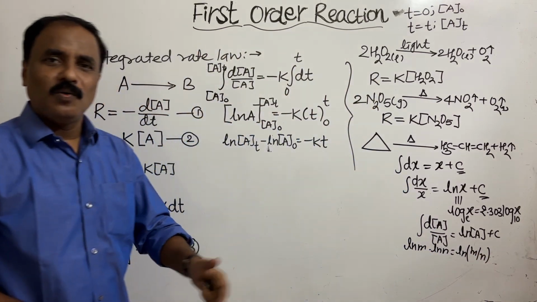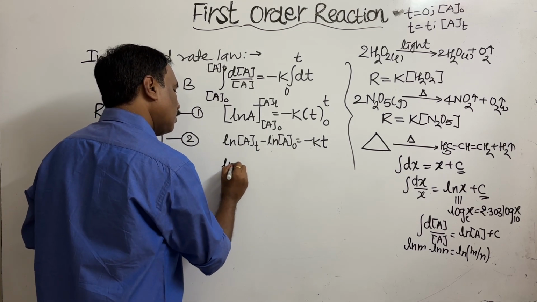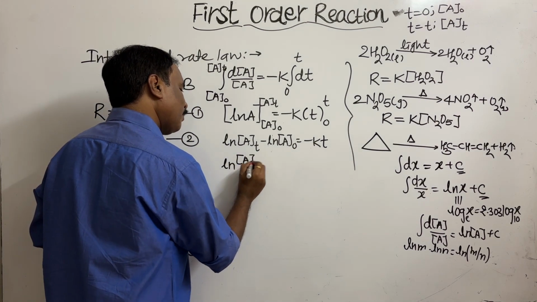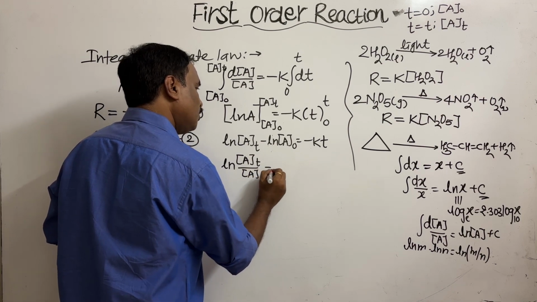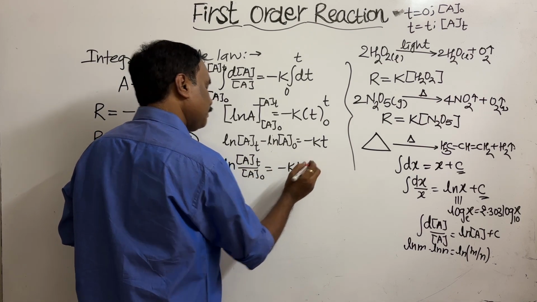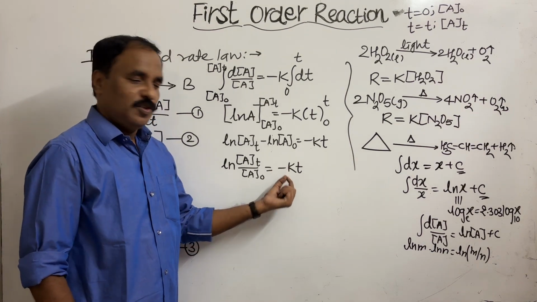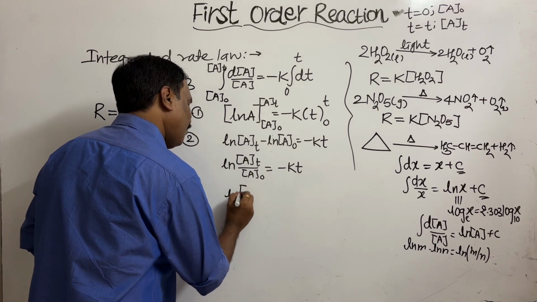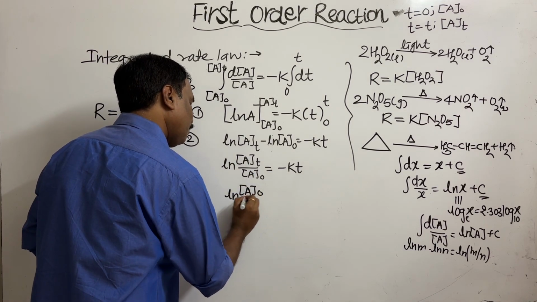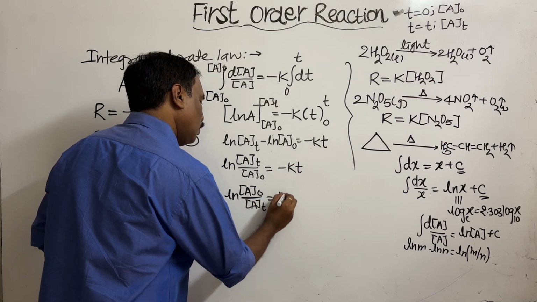ये मैथमेटिक्स में रूल है. So same equation we can write log of AT upon A0 is equal to minus kt. मुझे नेगेटिव साइन हटाना है, so I can write here reverse of this, log of A0 upon AT is equal to kt.